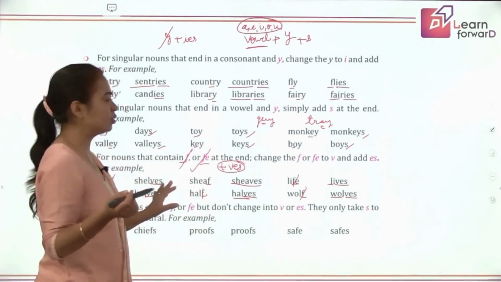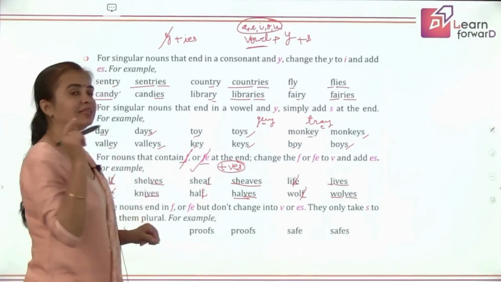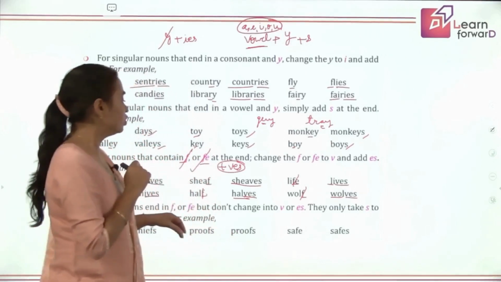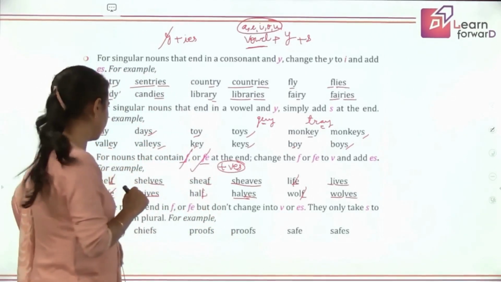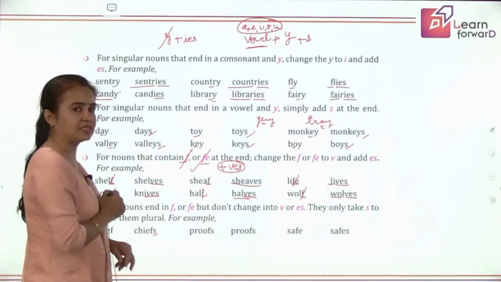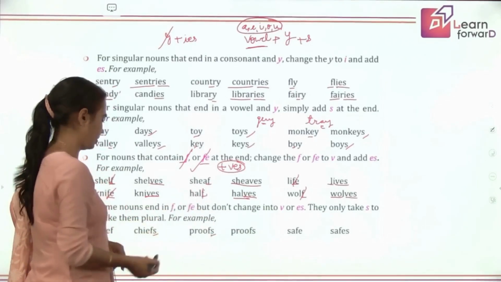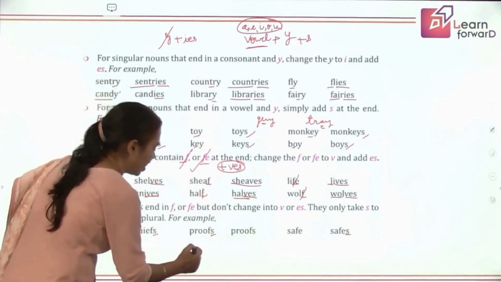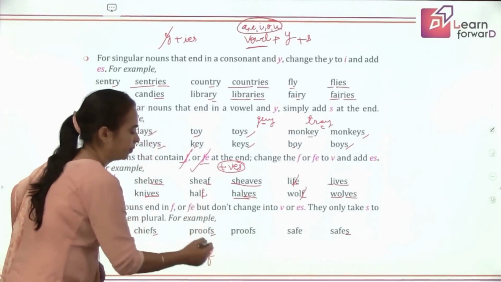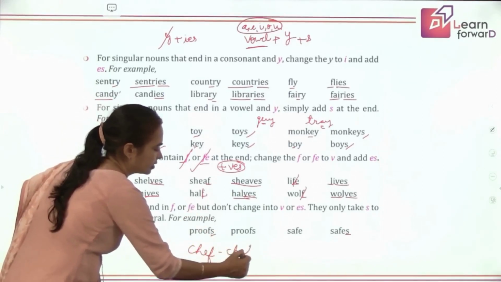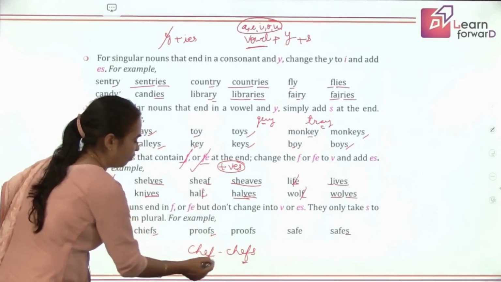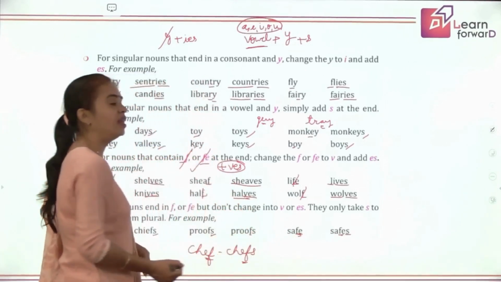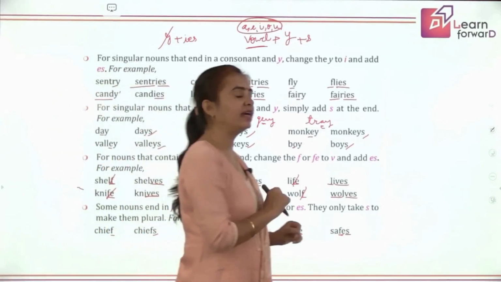So this is also a quick recap we have already done, but yes, there are a few exceptions here also like we had for O. So if you talk about these words like chief, it will be only S. Proof, only S. Then safe, only S. Similarly for chef, it will be only S. Although you are getting F at the end in these words, FE at the end, still we will not add VES, will not make that change of VES here.